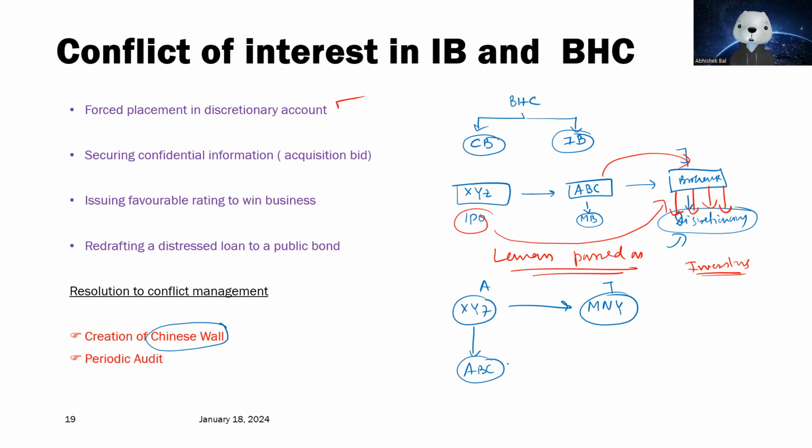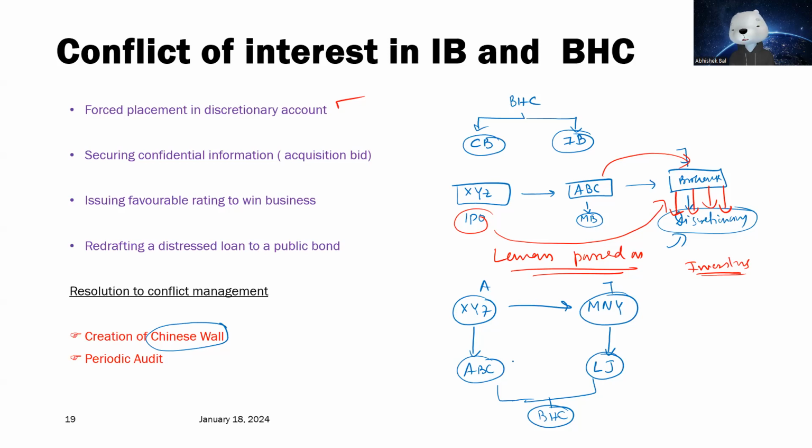Basically, the one who is going to do this matchmaking activity, who is going to draft the whole deal, who is going to make this JV happen or this acquisition happen. MNY works with a bank called LJ. ABC and LJ are both covered by a bank holding company, which means LJ is owned by the same entity that owns ABC.